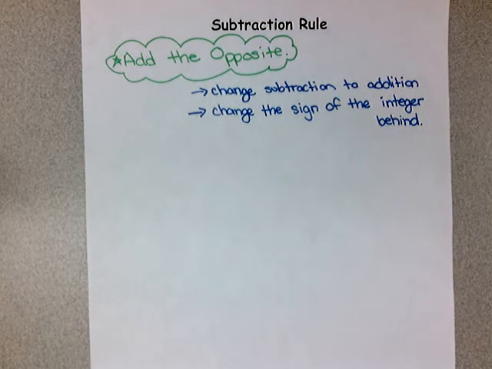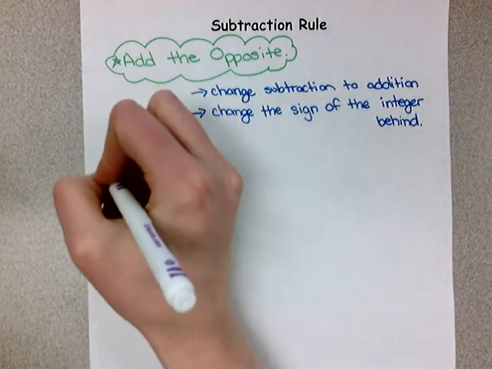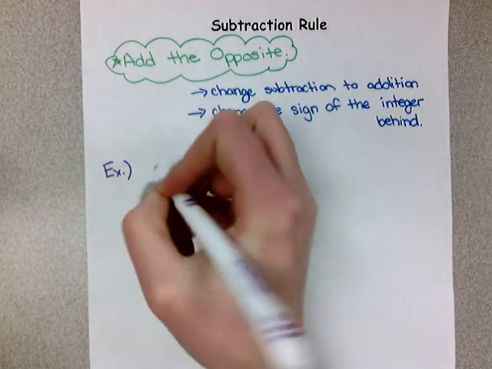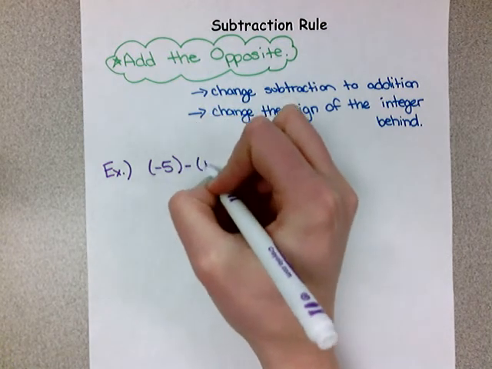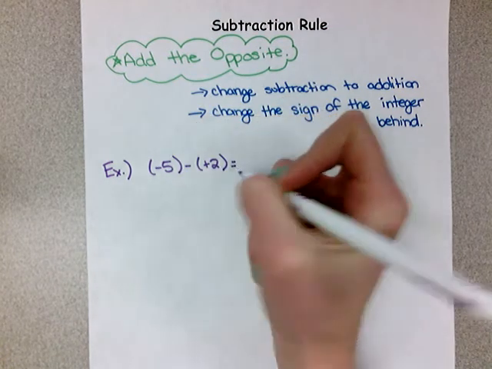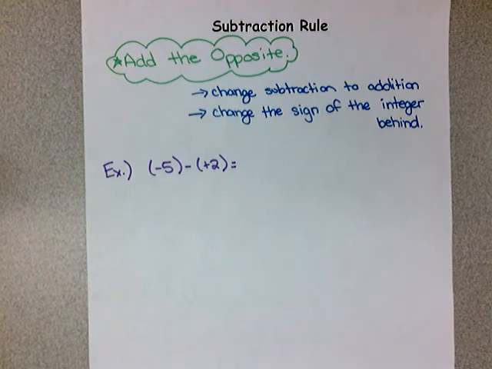So let's look at some examples so you really understand what I'm saying here. Example 1, let's do -5 minus +2. If you have this as a problem, you can change this subtraction to addition.